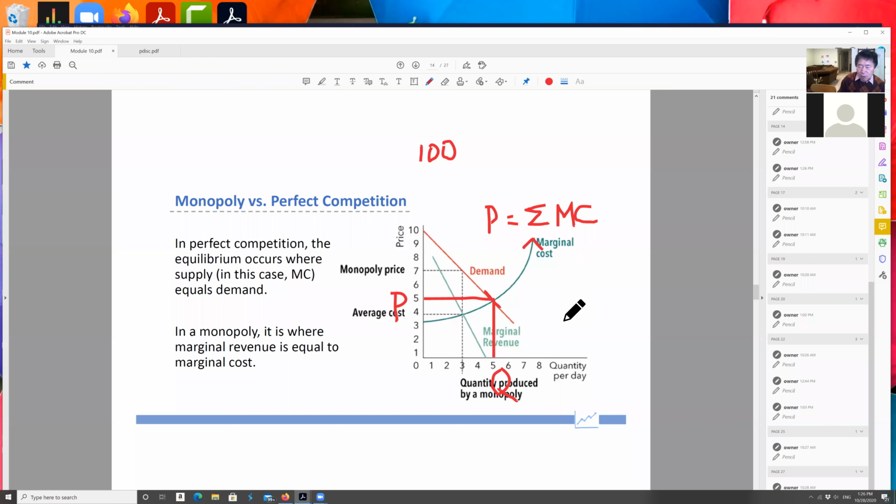How would he choose the optimal output? Well, since he's a monopolist, he's going to equate marginal revenue to marginal cost right there, okay? So this would be monopoly output, and that would be monopoly price right there.